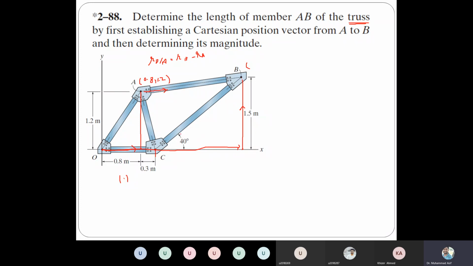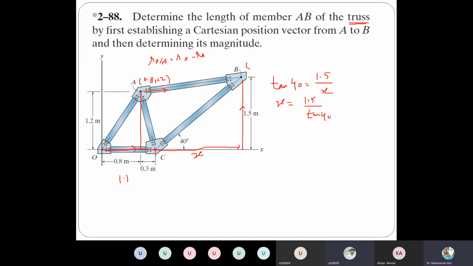We know that this angle is 40 degrees and the perpendicular is given, which is 1.5. So we can use tan theta. That means tan 40 equals perpendicular divided by base. Let's say from here to here is X. So tan 40 = 1.5 / X, and X will be equal to 1.5 divided by tan 40.